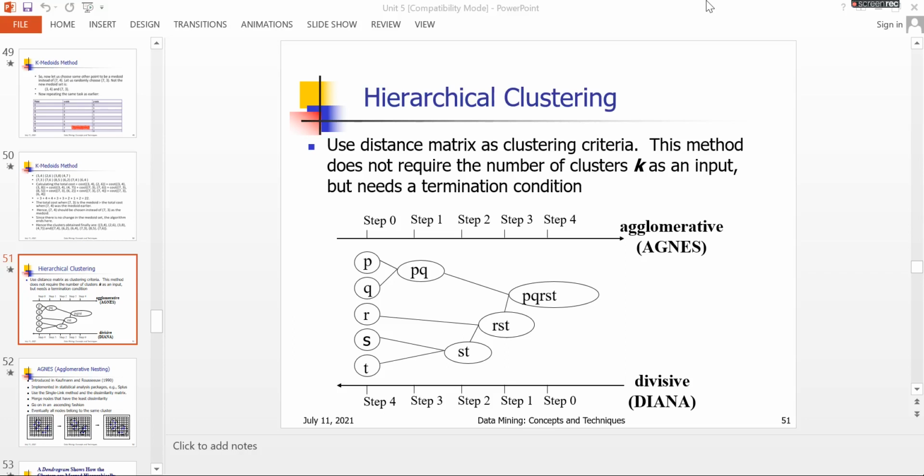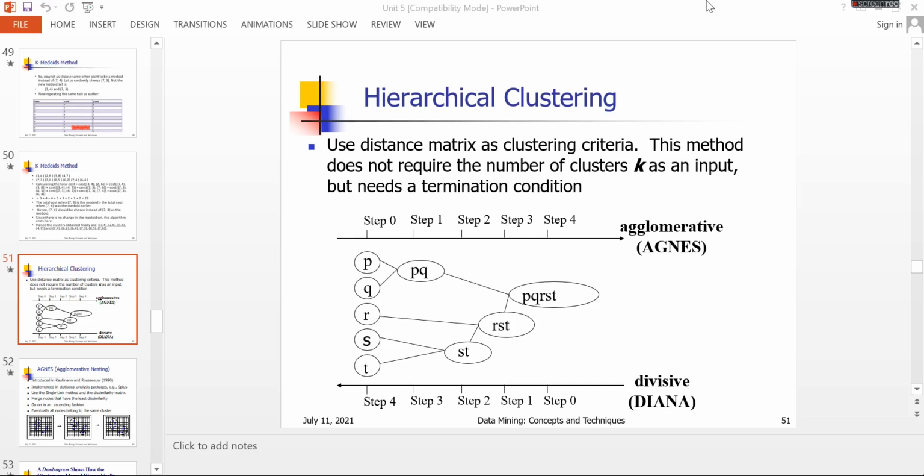Till that point you have to divide the data. That is the divisive approach: from a large data set you are dividing the data elements. Where single points, elements that are completely similar, cannot be divided, till that point you have to divide the data.